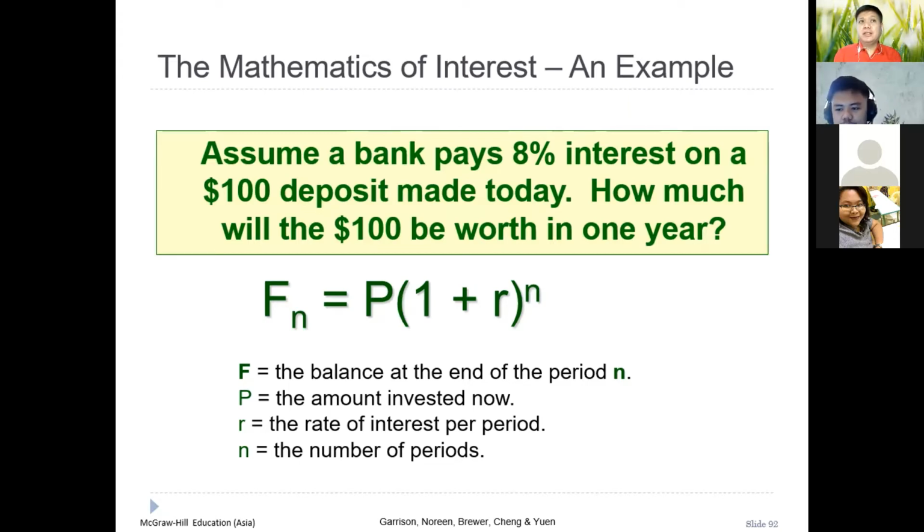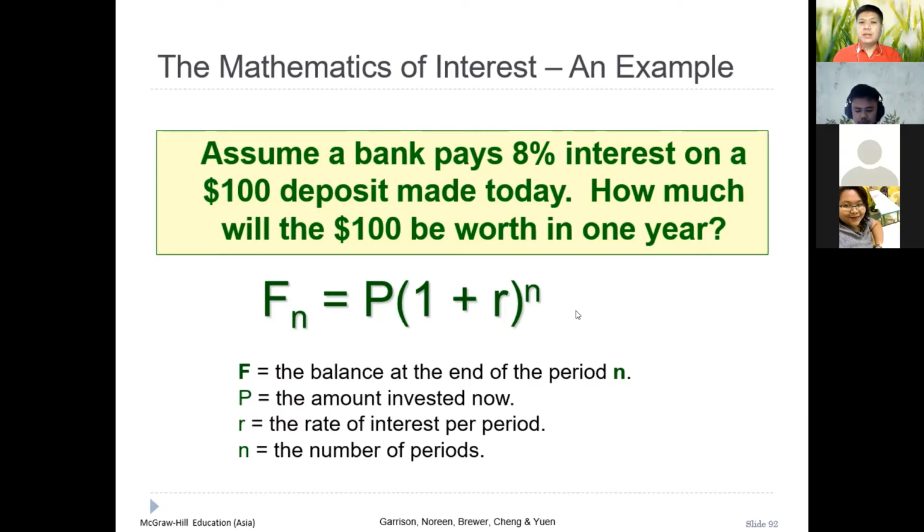Another way of computing it is 100 times 1.08, that's 100% plus 8%. So P times 1.08, you arrive at 108.